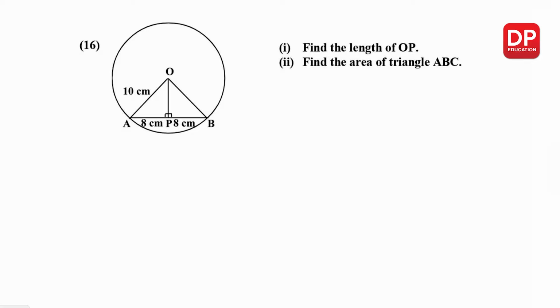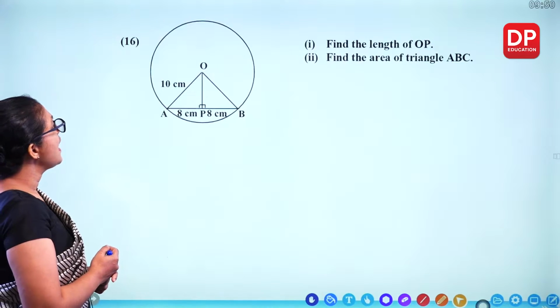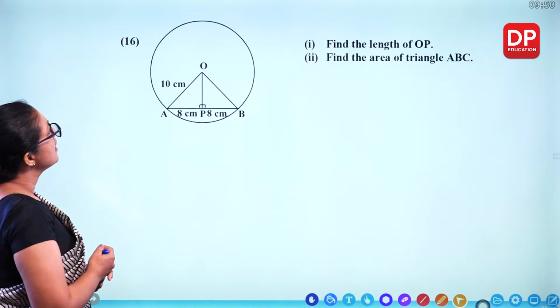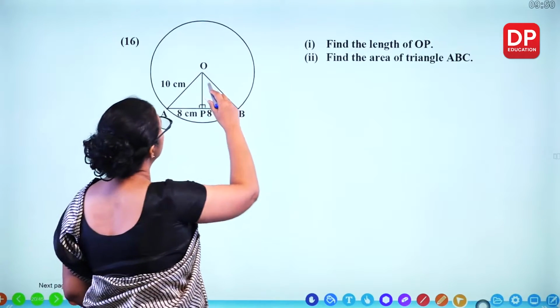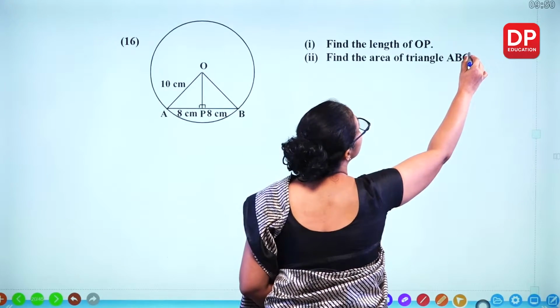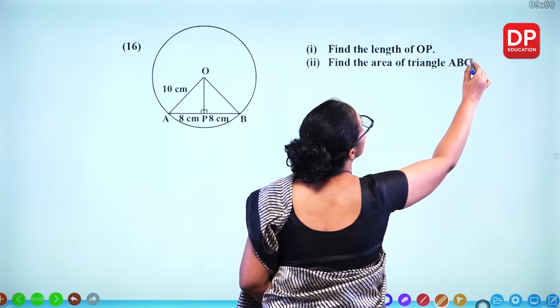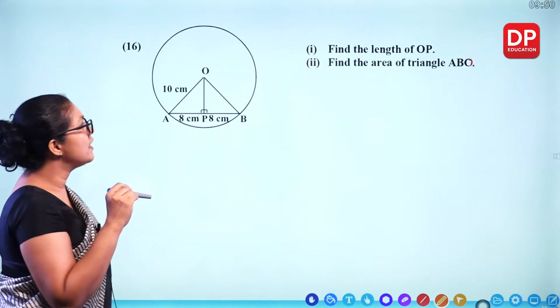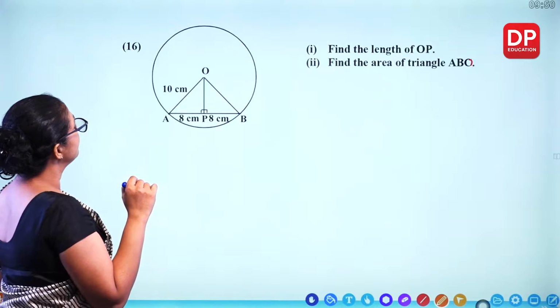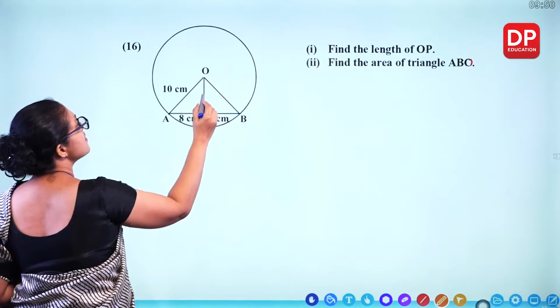Look at this diagram. Find the length of OP. Find the area of the triangle ABO. Not C, ABO. ABO triangle. So how do you find the length of OP? Here this is 10 and this is 8.